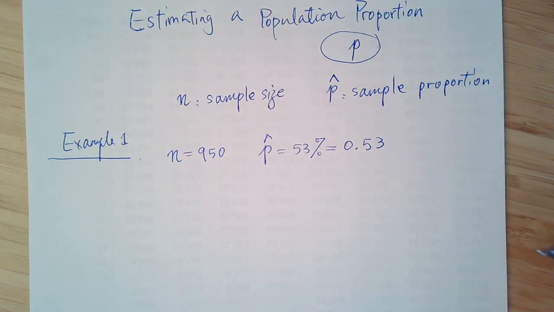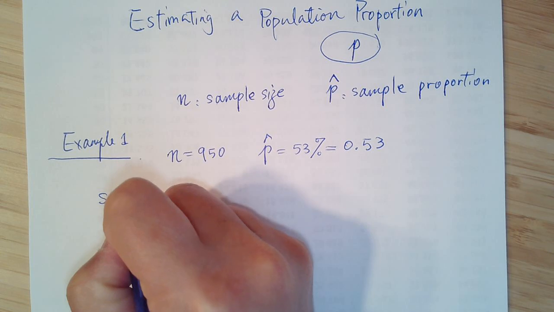All right, in this case, since we know that the sample proportion is the best point estimate of the population proportion, let me write it here so you can remember.